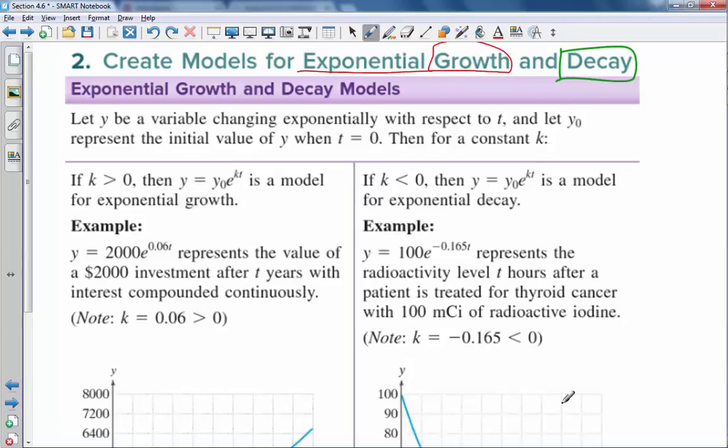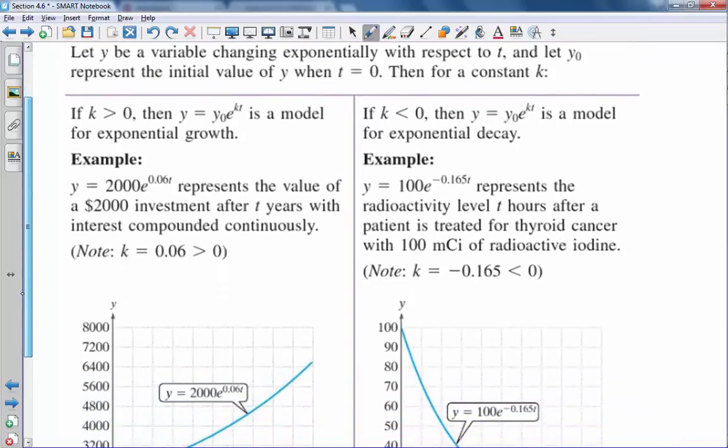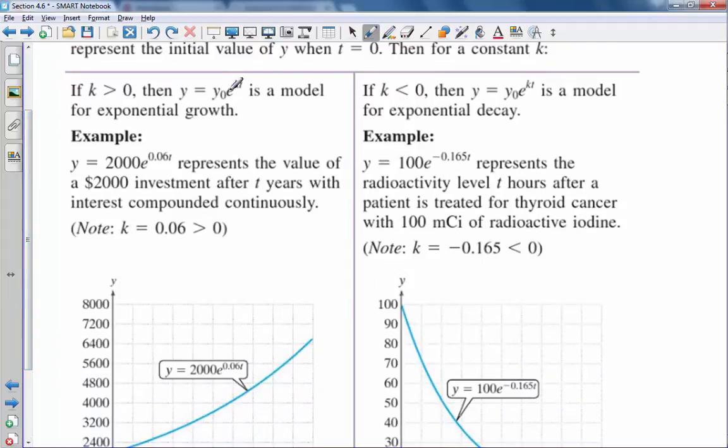Just like bacteria or population is growing, you may have nitrogen level in soil going less and less, decaying. So in both scenarios, either growth or decay, we always use an exponential function, especially e. But if there is growth, we use a positive number next to time. But if it's decay, the quantity is getting less and less over time, and we use a negative number.